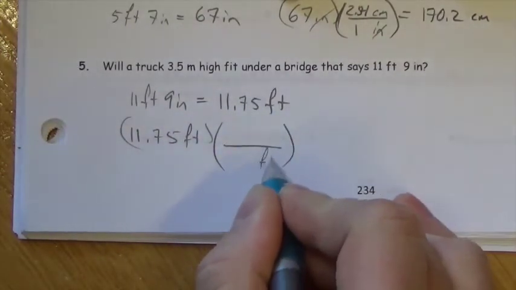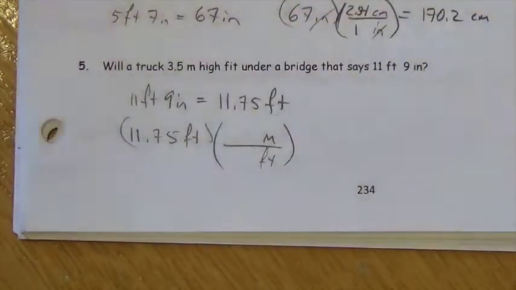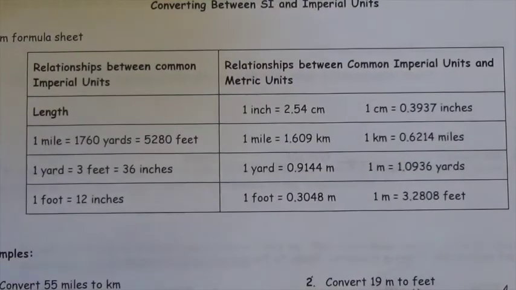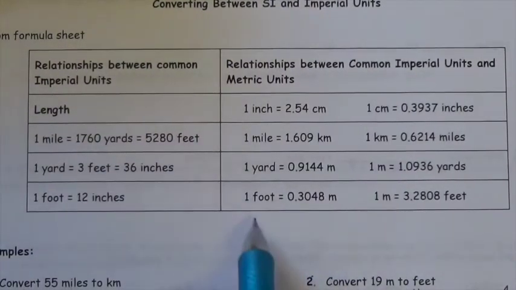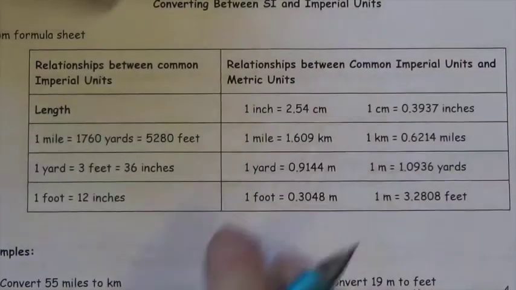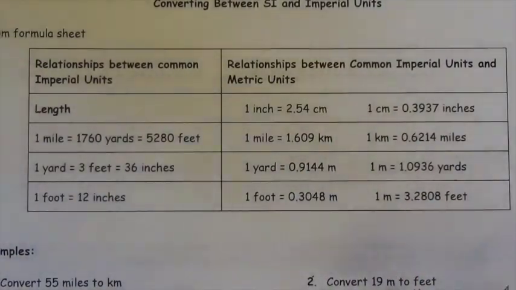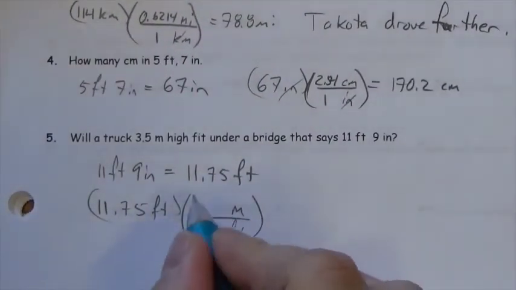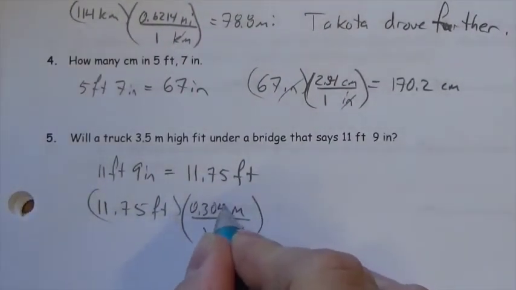We want feet in the denominator and meters up in the numerator. So I have 1 foot is equal to 0.3048 meters, and that's the one I want because I have feet in the denominator here. So this will be 1 down here, and this will be 0.3048.